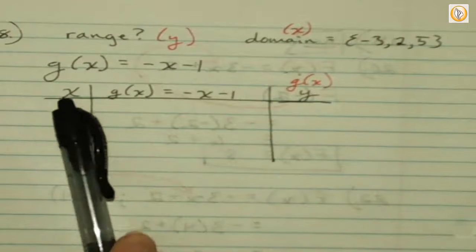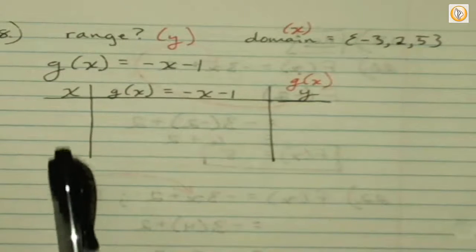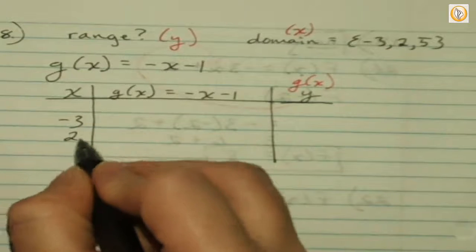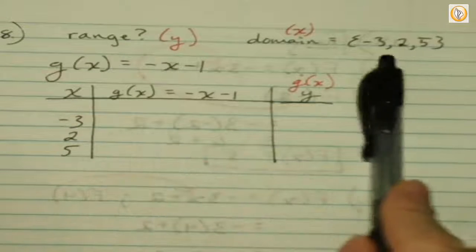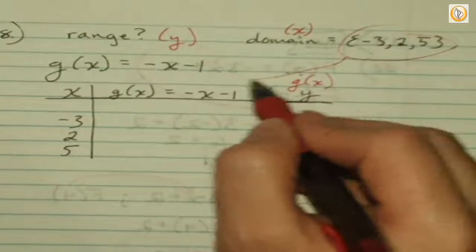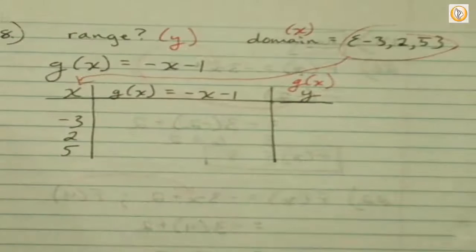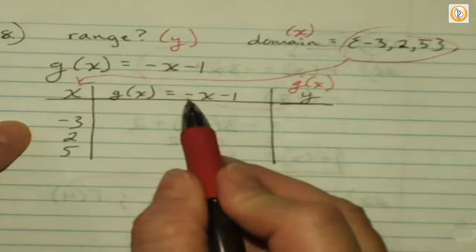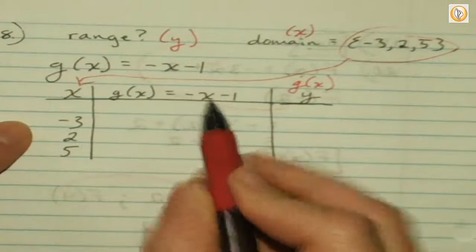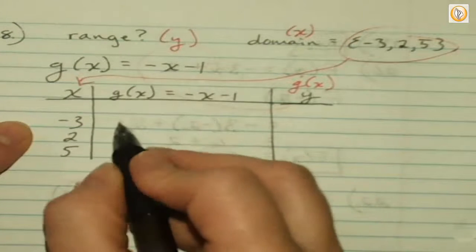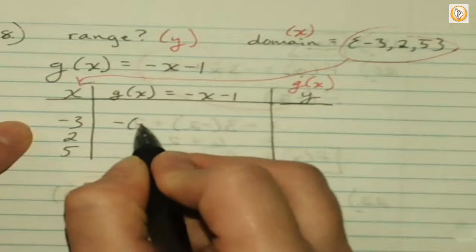Okay, so Gabby, my x's are what? Tell me what to put over here. Very good. So we're taking these x's and placing them in the x column. Now here's the tricky part. Look right here. Do you see this negative x right here? We're going to substitute that negative 3 in there.